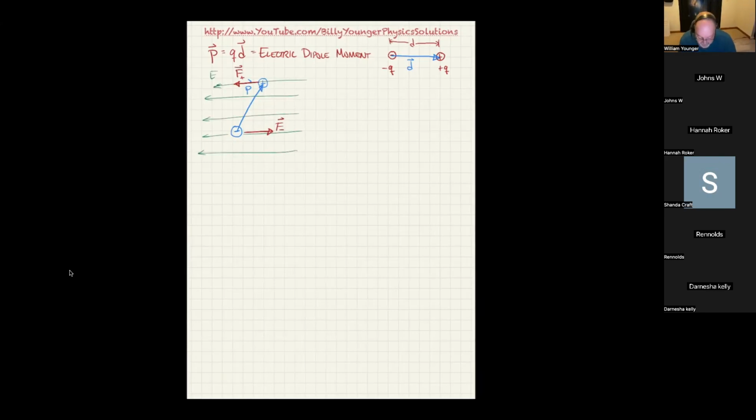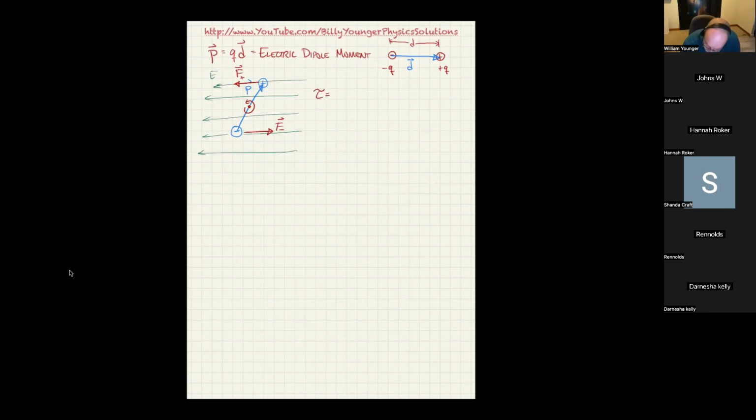Y'all see that it's going to compel that positive charge to move to the left and compel that negative charge to move to the right. So in principle, you could imagine it rotating about that point right there, okay? And the torque would be, of course, force times lever arm.